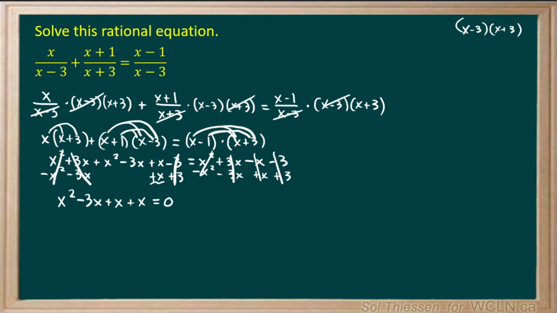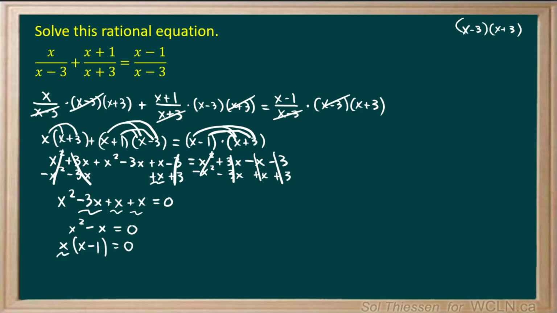So now let's combine some like terms. We have negative 3x plus x, so that'll be equal to negative x. So we have x squared minus x equals 0. We can factor that by pulling out an x. We'll have x(x - 1) = 0.